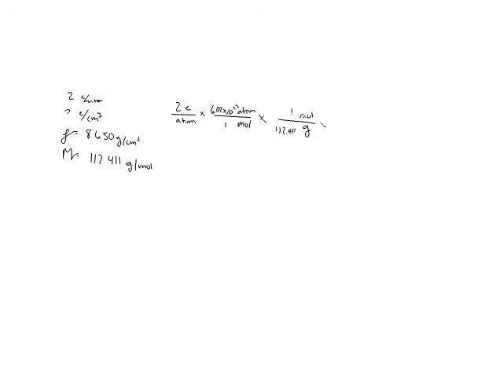And now we need to get from grams to centimeters cubed, so we're going to use this one. Grams is on the bottom, grams will go to the top, and centimeter cubed is going to go down here. So that is 8.65 per 1 centimeter cubed. And that should give us, cross your atoms out, cross your moles out, cross your grams out, electrons per centimeter cubed, which is what we're looking for.